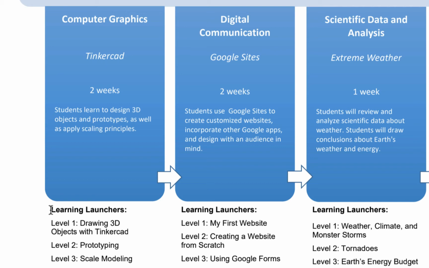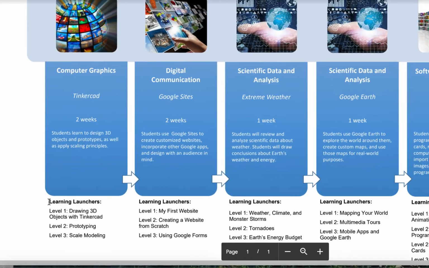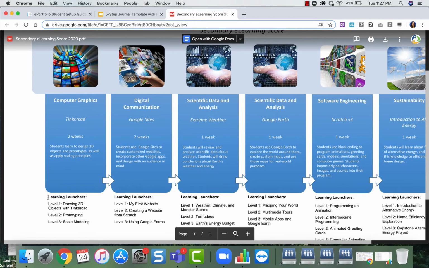So they can choose a level 1, level 2, or level 3. As you may imagine, as you go up the levels, there's less scaffolding. It's more open-ended and it uses the tool in a more complex way. So I would support your students in choosing what is best for them, have them consider their background knowledge and also the project that's going to be interesting to them.